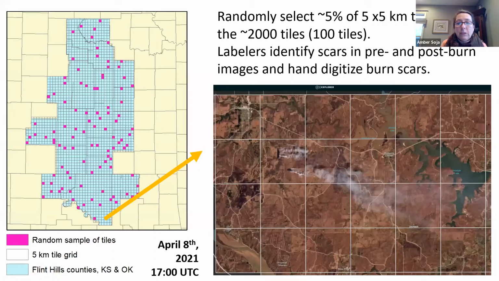So what we plan to do is we plan to randomly lay 5x5 kilometer tiles on the landscape. And then we're going to randomly select 5% of these tiles. And we're going to define and label the scars and pre and post burn images like you saw done in Fire XAQ. Next slide, please.